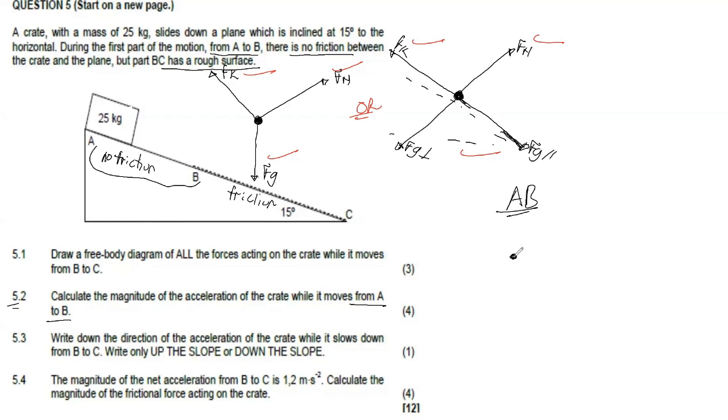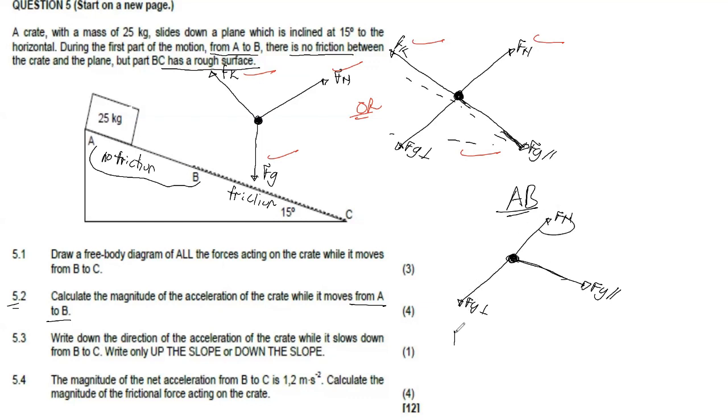So we would have it looking like this: the normal force, and then our FG perpendicular, then our FG parallel here, sliding down the incline. So you can see that the only horizontal force acting here is the FG parallel. So the net force will be composed of the FG parallel only. Remember, these vertical ones, we won't include them because we know they will just cancel. If your object is just moving like this, we do not consider these vertical forces.